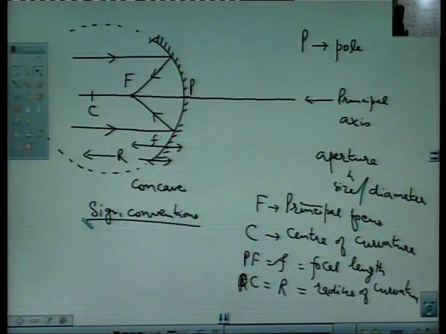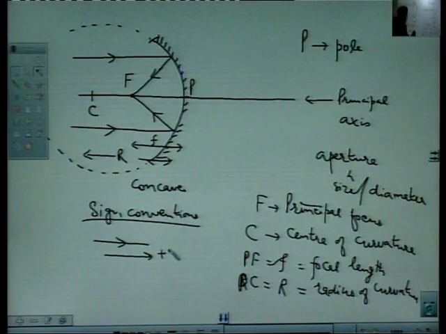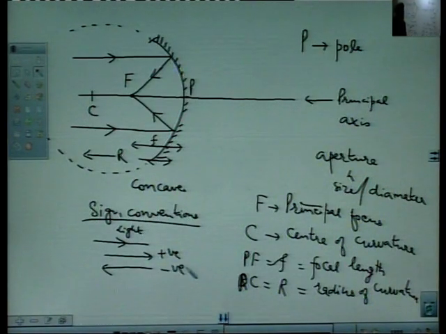If the distances are measured in the direction of light, they are taken positive. If they are measured opposite to the direction of light, they are taken negative. In this case, light is coming from left and we are measuring the distance from P towards left.